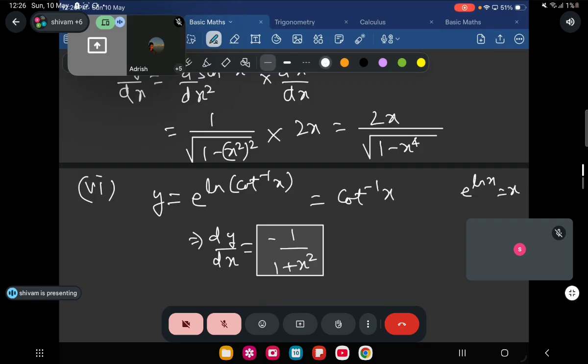Okay, and wait for the test also. I think I'll be able to complete this chapter in maybe 2-3 more classes. So that's why I told you, maybe end of this month. Okay. There's a test on basic maths. You people prepare properly, whole of basic maths, whatever I did.